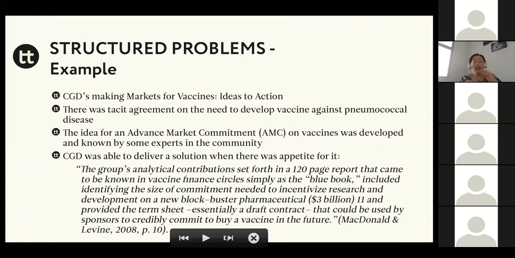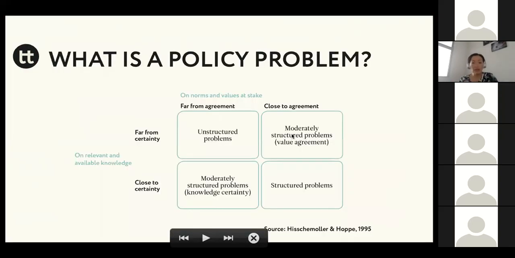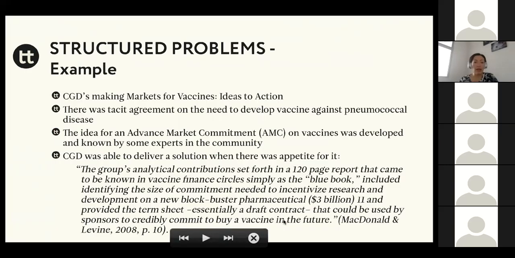So the objective, what they wanted to achieve, was pretty much agreed upon. This is what, in the structure of policy problems, we say: the actors were already very close to agreement on the problem.